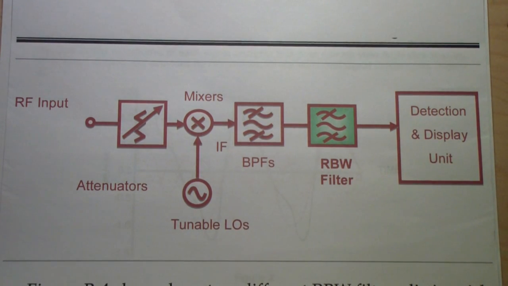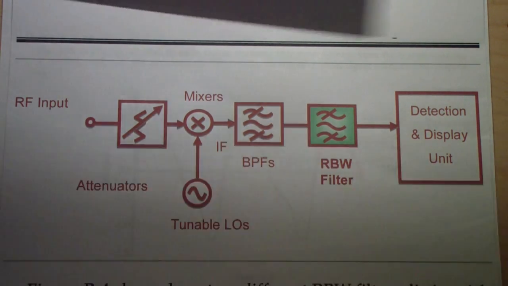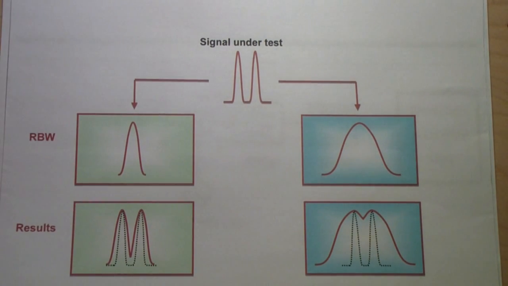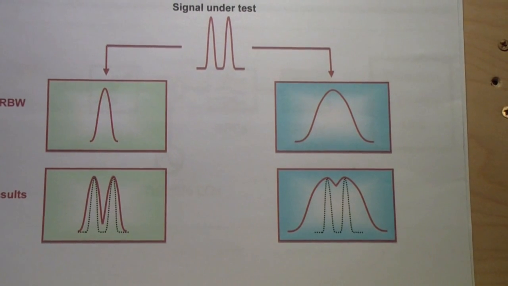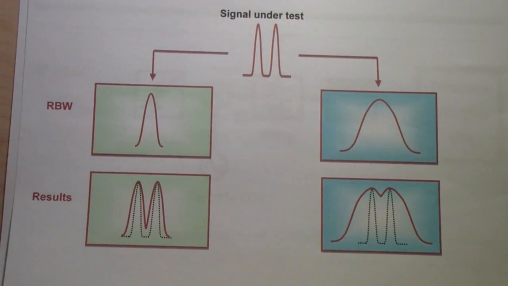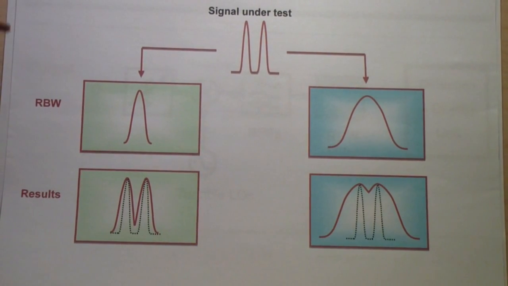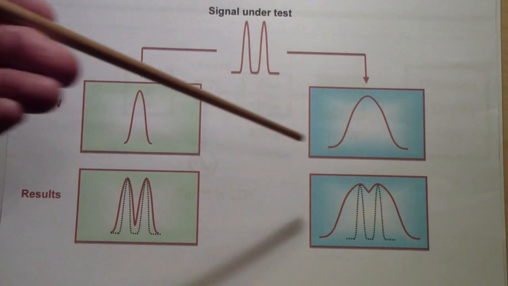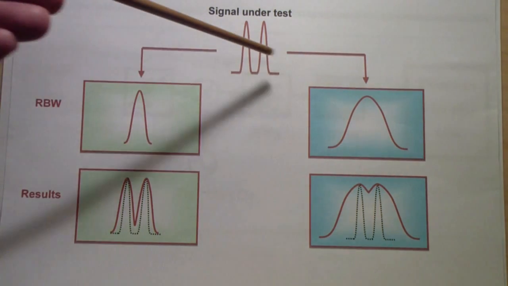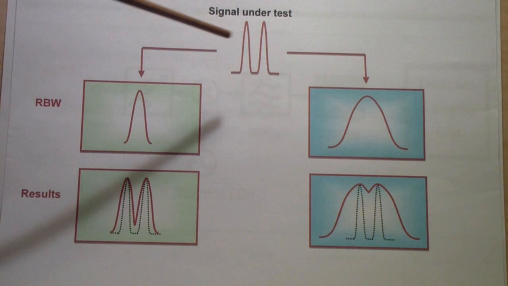Now, to give you an example of resolution bandwidth, here you see two different resolution bandwidths. This is a narrow resolution bandwidth, and this is one that is wide. Same signal under test.